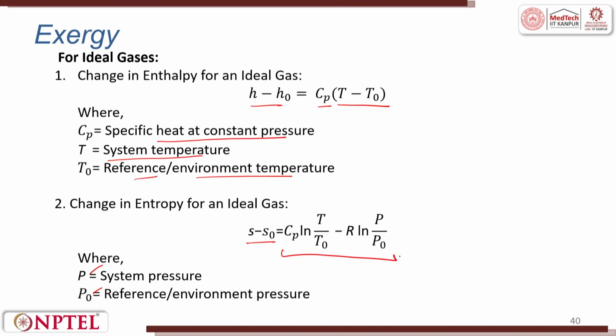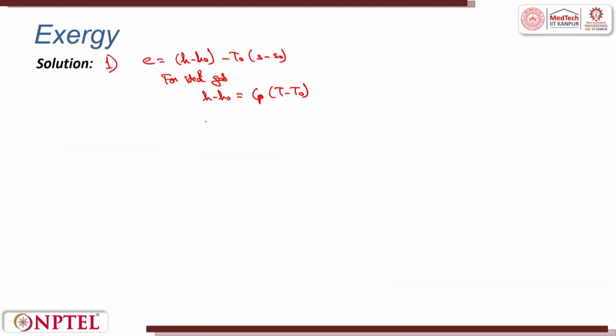Also, to recall the relationship of entropy change for an ideal gas, S minus S naught is equal to Cp times log of T by T naught minus R times log of P by P naught.